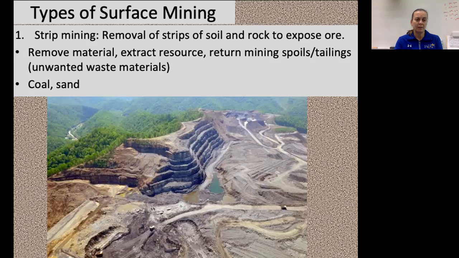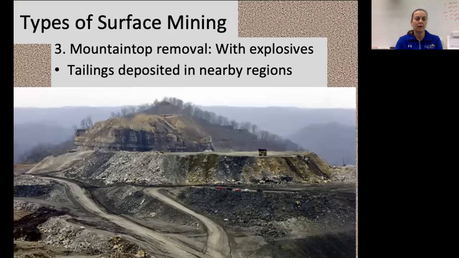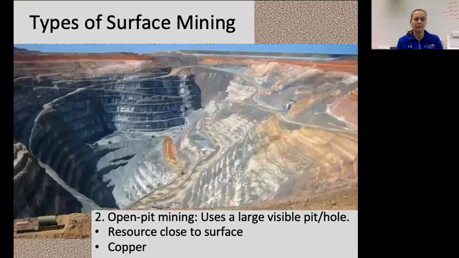Another very common type of surface mining is what we call open pit mining. Open pit mining uses a large visible pit, also usually stepped down, so it looks very similar to strip mining.